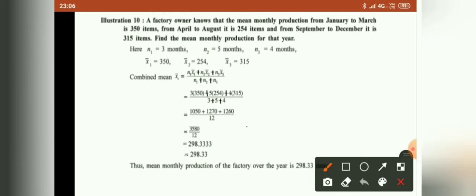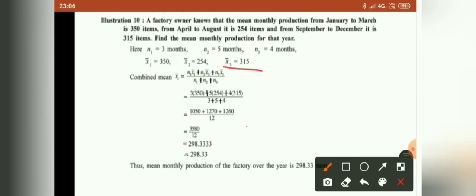Now from September to December, that means we count September, October, November and December. So total 4 months, and we have taken 4 months as n3. And the mean of September to December is 315, so x bar 3 is 315.